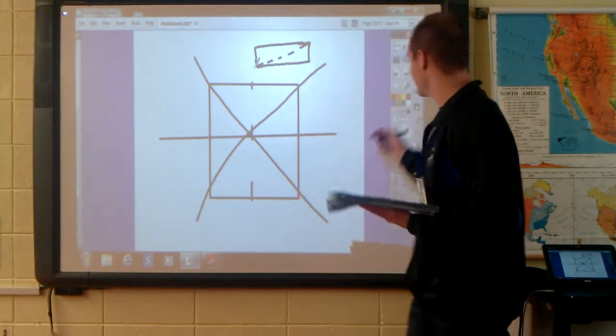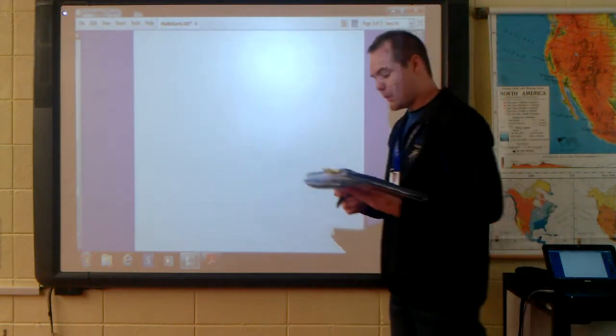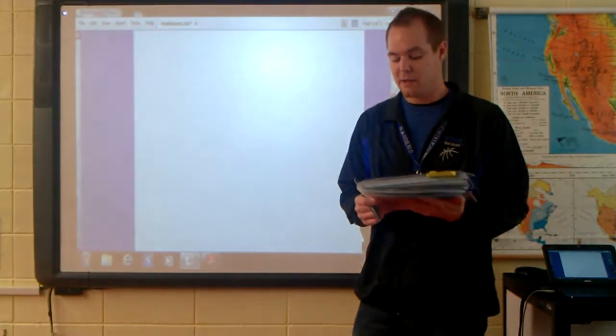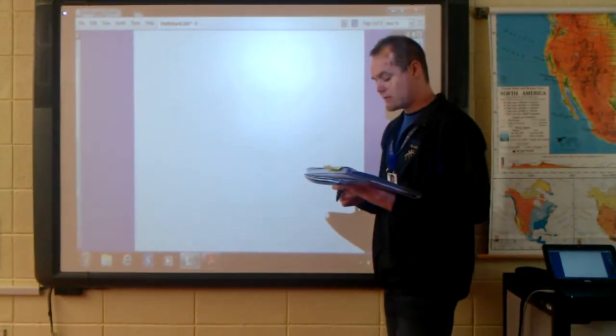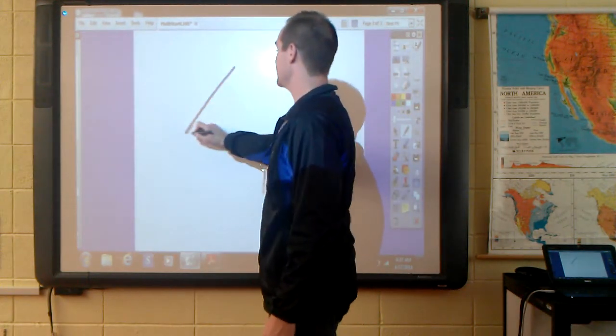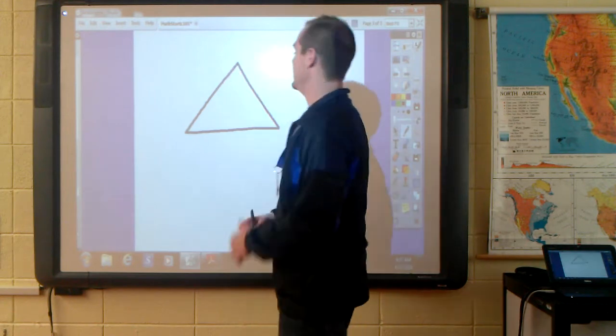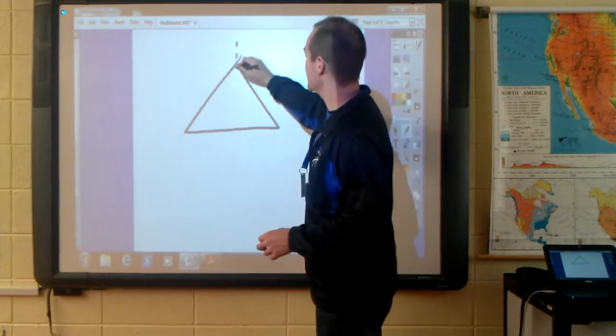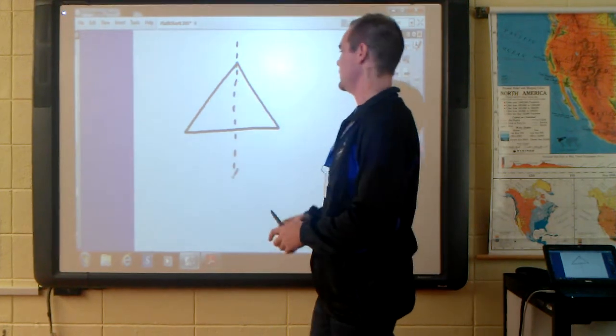Okay, so let's look at example 1. Example 1 says, here we show a regular triangle and a regular pentagon. Find the number of lines of symmetry in each figure. So we have a regular triangle, meaning that all the sides and all the angles are the same. One line of symmetry I can see right away is the vertical line.